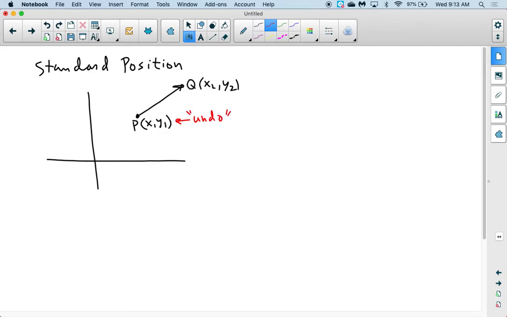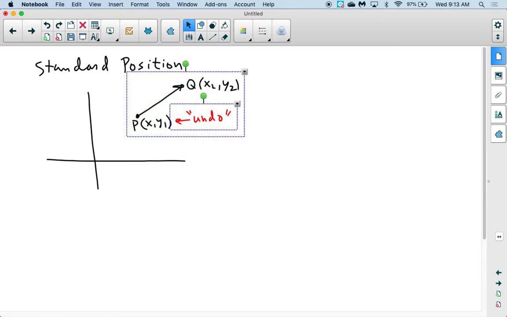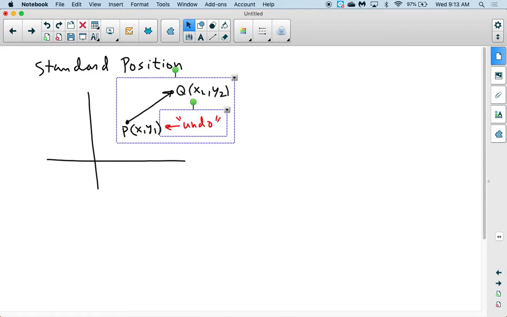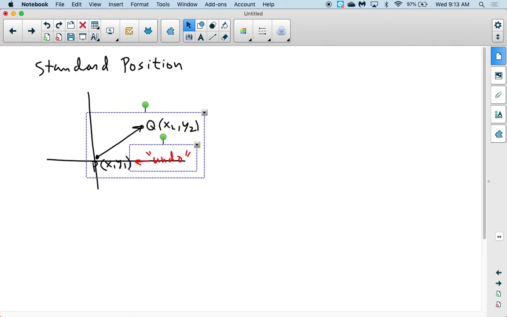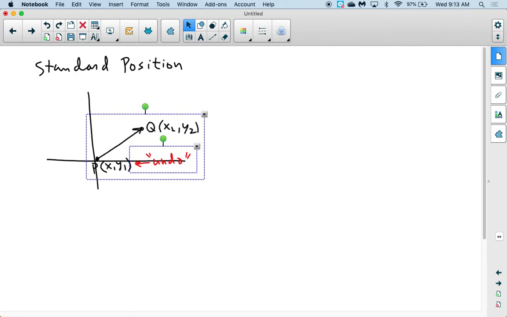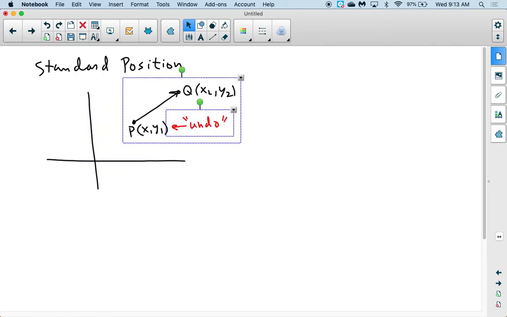When I undo it, it would naturally take me and go like that with the vector. So, the question is, how do I undo it?